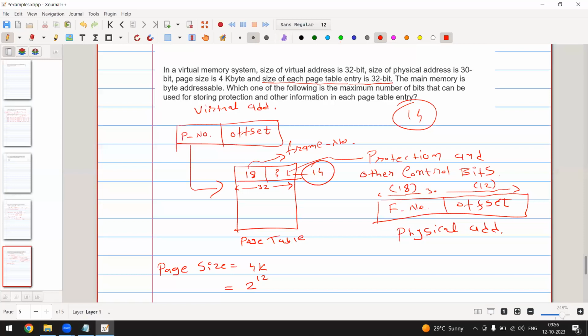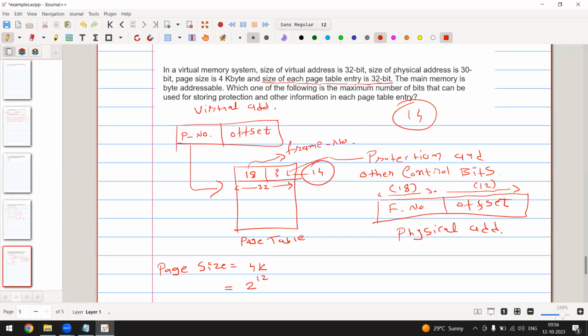So here, out of the 32-bit page table entry, 18 bits are used for the frame number, and the remaining 14 bits are used to store the other information.